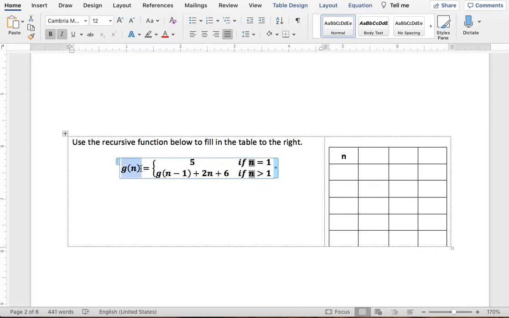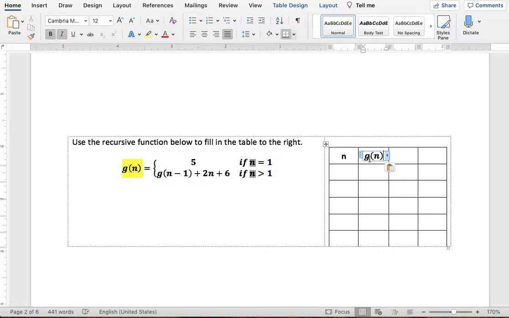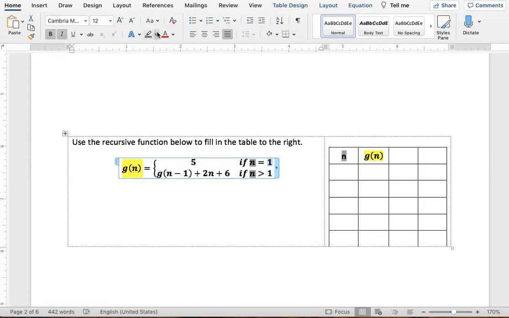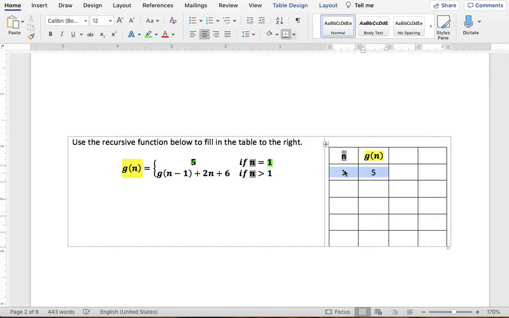Our independent variable here is a g of n. That's like your y. Okay. And your n is like your x. My beginning values is when n is equal to 1, my g of n is equal to 5. So 1 and 5. Here we go.